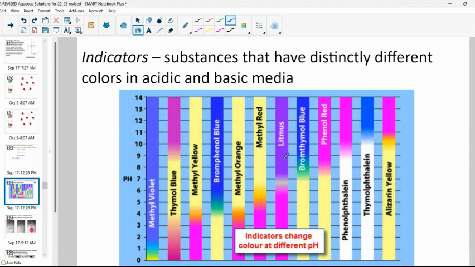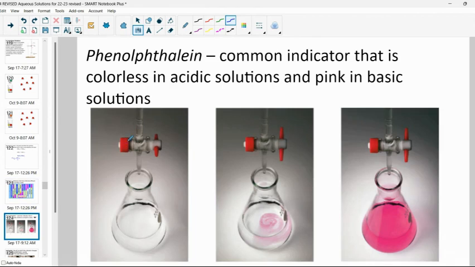We have all these indicators that change at different pH levels. Neutral is 7. So we're going to pick an indicator like phenolphthalein, which is clear or colorless in acidic solutions and pink in basic solutions.